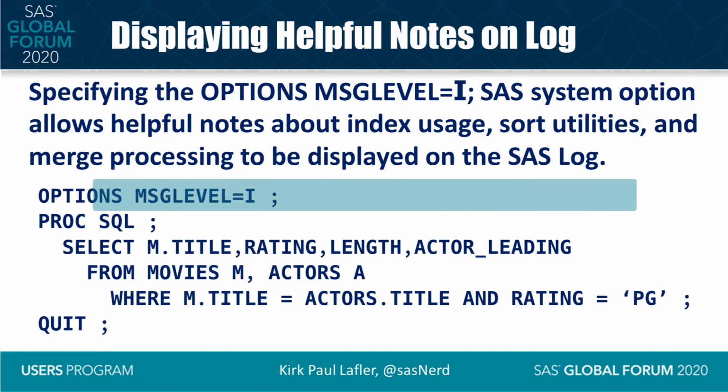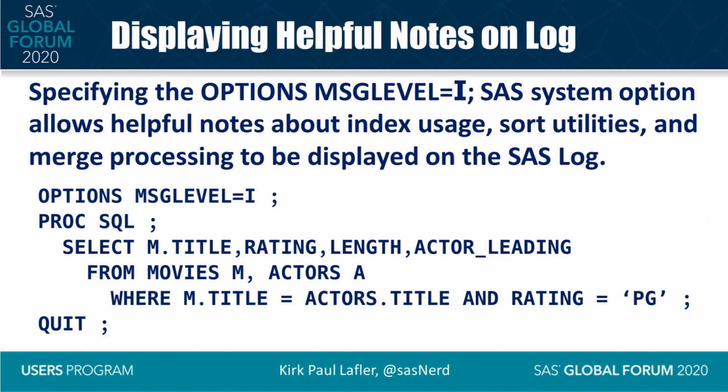But options msglevel=I is going to give you informative messages that you would not ordinarily see on the SAS log. It's extremely helpful in better understanding what your queries, what your programs are doing with the available resources that you have.